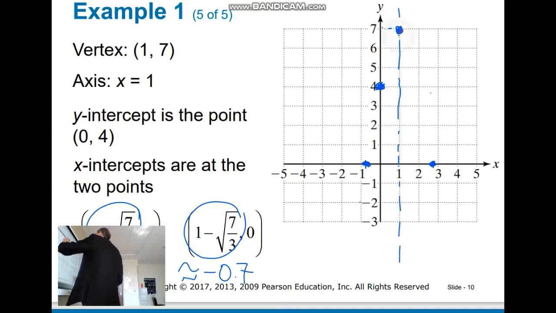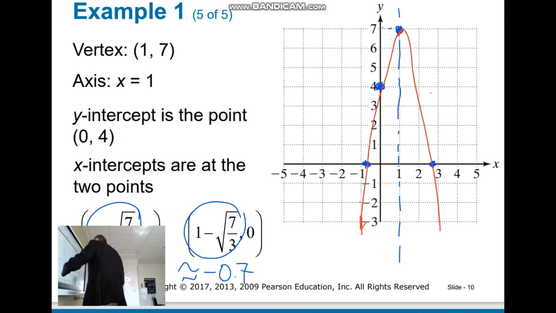This is the vertex. Remember these arrows here, these arrows are an important thing because the graph goes all the way down to infinity.